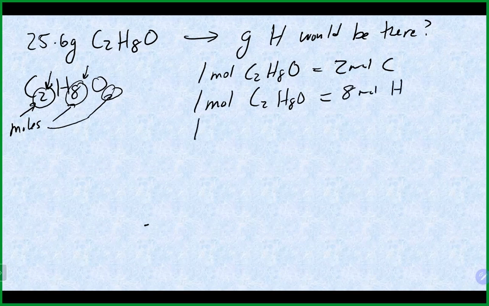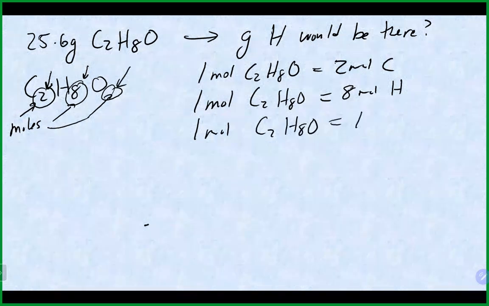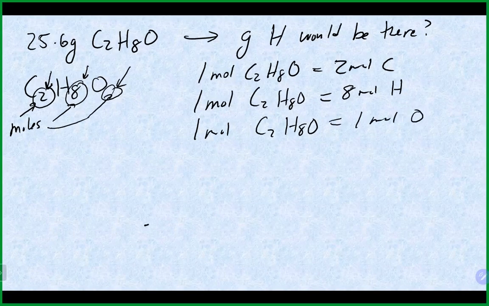And lastly, in 1 mole of this entire thing, there would be just 1 mole of oxygen. Each of these is an equality, and you could write 2 conversion factors for each of them, with moles on top and moles on the bottom, and flip it. So we could use that to go from the whole thing to the individual element.